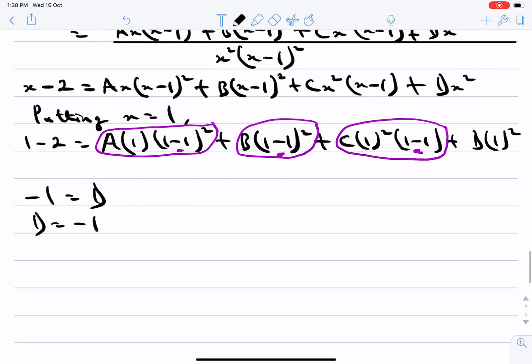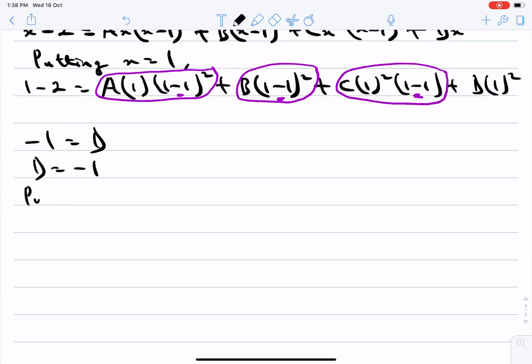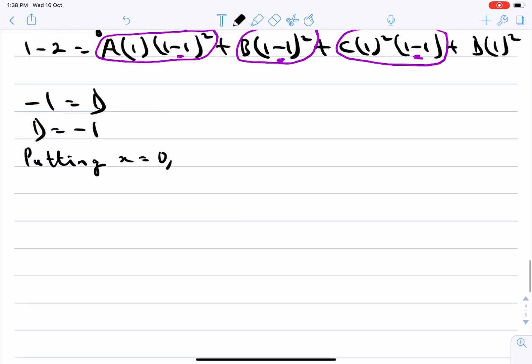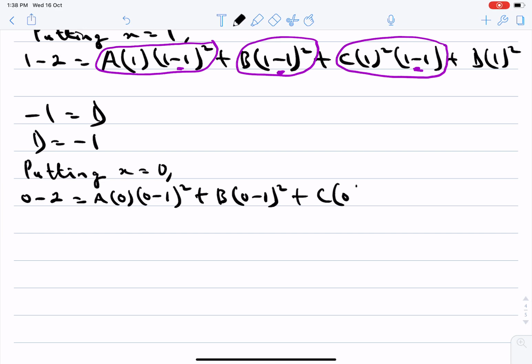Now, what else can we put for the value of x to get another constant? Putting x equals 0. 0 minus 2 is equal to a times 0 times (0 minus 1) squared plus b times (0 minus 1) squared plus c times 0 squared times (0 minus 1) plus d times 0 squared.